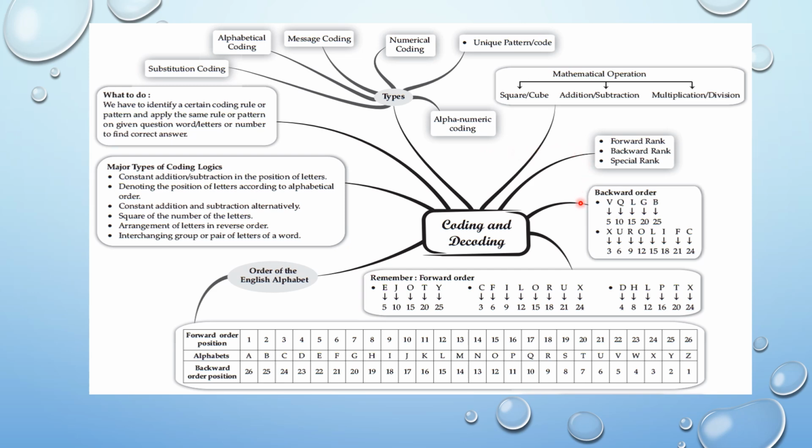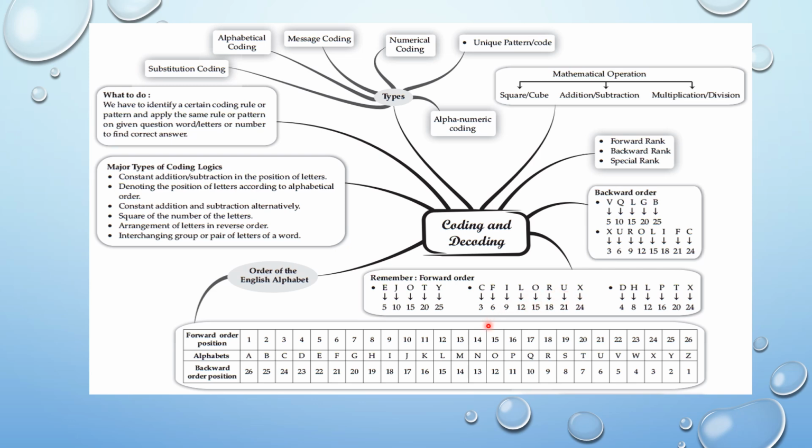backward order, VQLGB 5 10 15 20 25. XUROLIFC 3 6 9 12 15 18 21 24. Remember forward order: EJOTY 5 10 15 20 25.